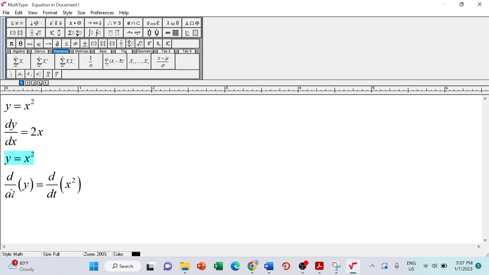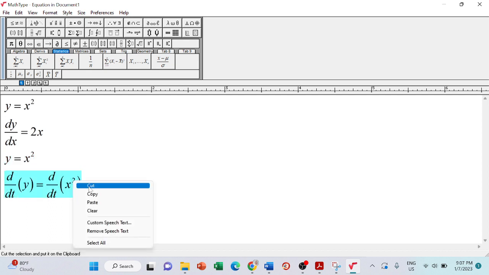So y subject, bila kita bezakan, kita dapat dy dt, sebab kita nak buat proses differentiation with respect to t kan. So sebelah kanan ni dia bukan subject. x ni bukan subjek. So bila nak buat differentiation sebelah kanan, kita bezakan macam biasa, tapi kita buat tambahan untuk proses implicit differentiation. Basically dia akan jadi something macam ni.